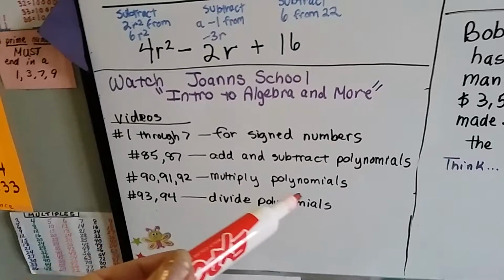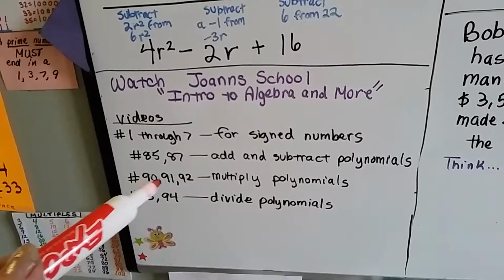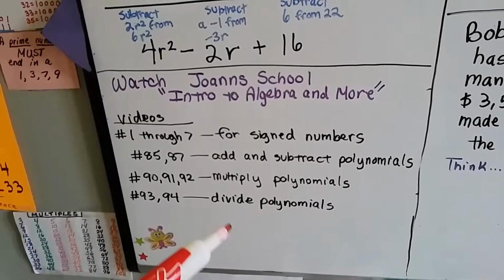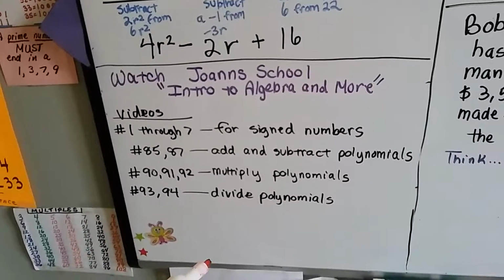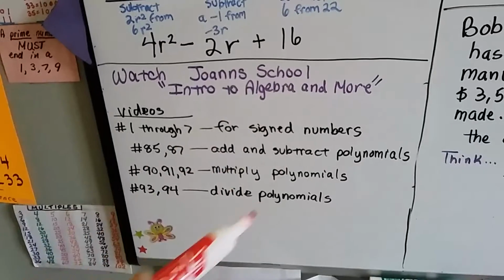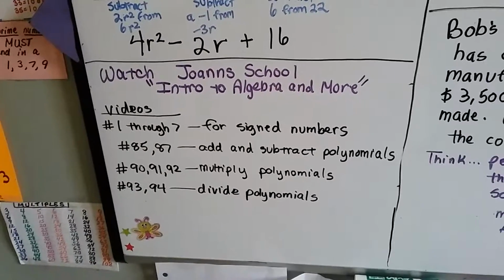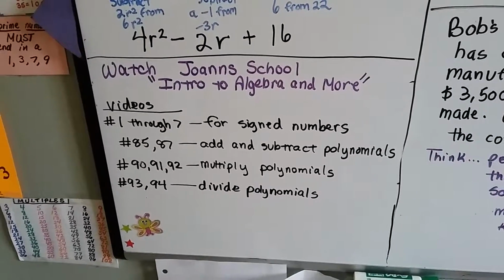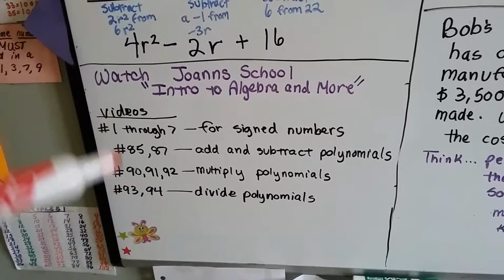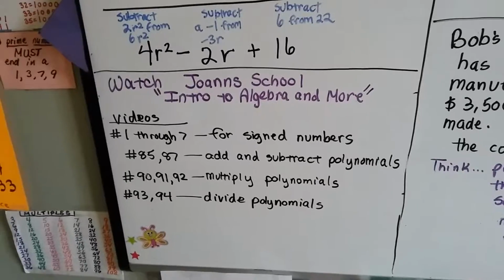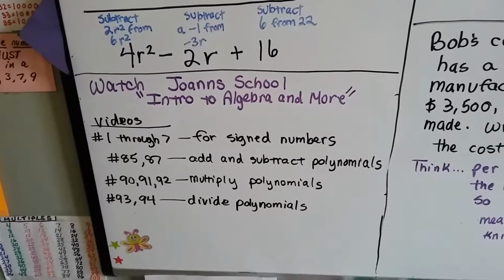And if you have trouble multiplying polynomials, you can watch 90, 91, and 92. And then if you have trouble dividing polynomials, that's 93 and 94. There's no way I could put all of this information into one video without the video being 45 minutes long. So it was easier to make these separate videos for the separate topics. And now we're just doing word problems for extra practice, okay? Let's see what the next one is.